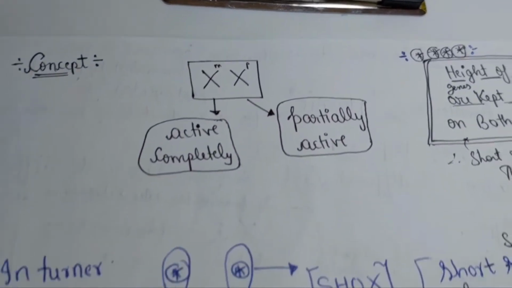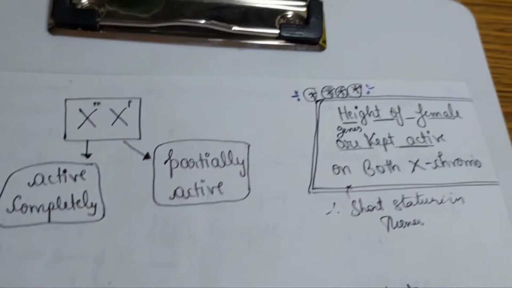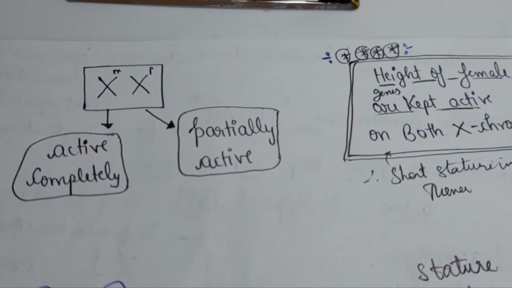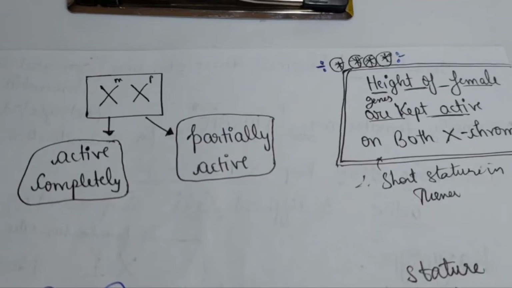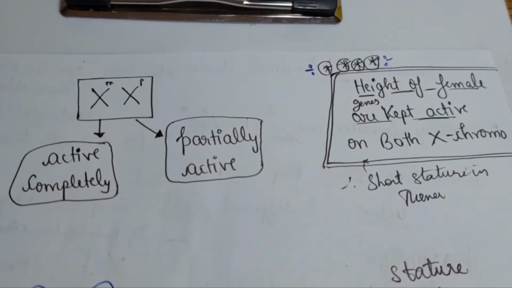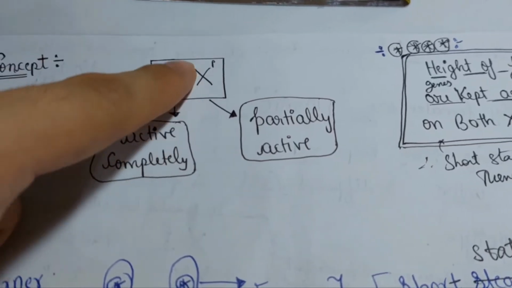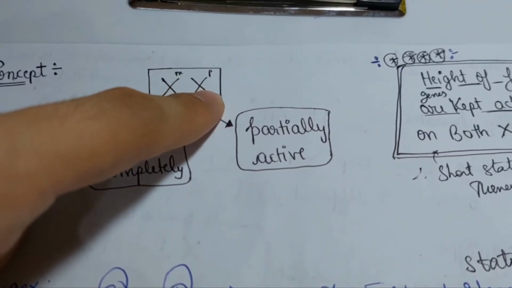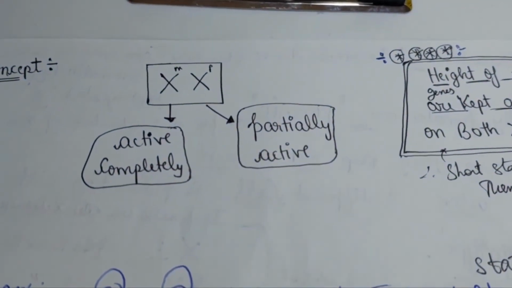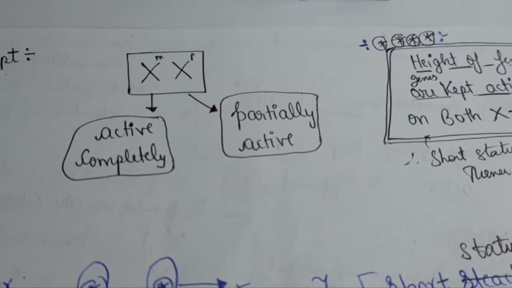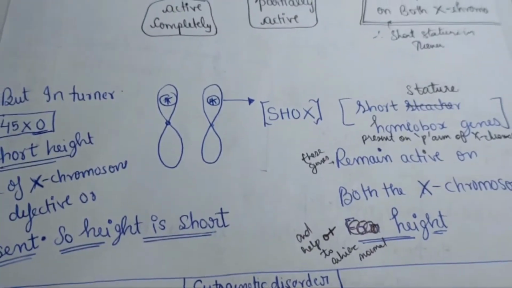Now coming back to our question, why are females with Turner syndrome short heighted? This is because the genes associated with the height of a female are kept active on both X chromosomes. In a Turner syndrome female, only one X is active and the other is not present, in the classical case 45,X. That is the reason why females with Turner syndrome have short height.